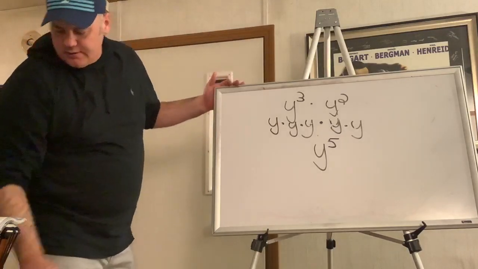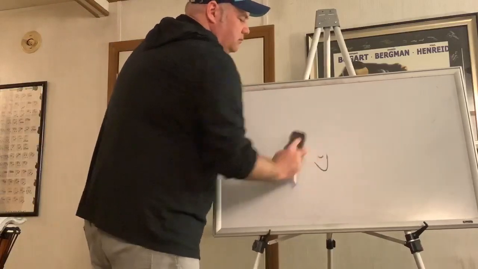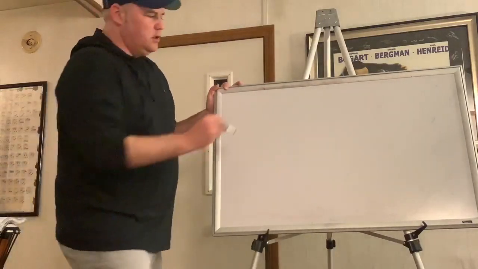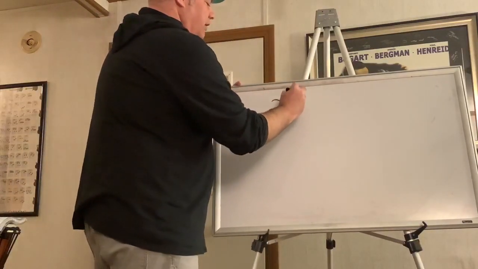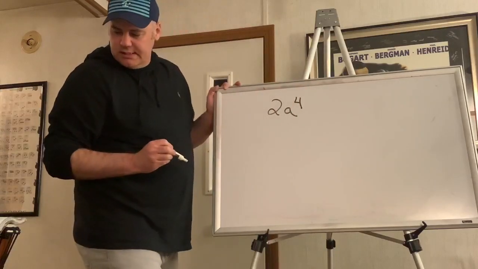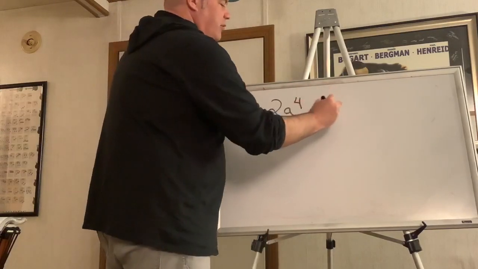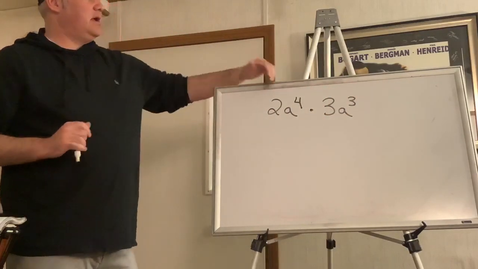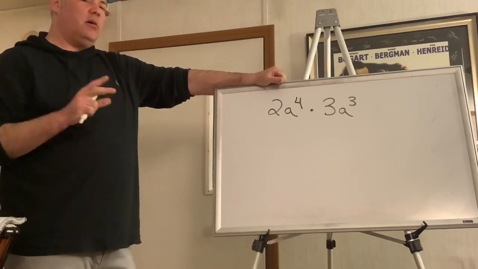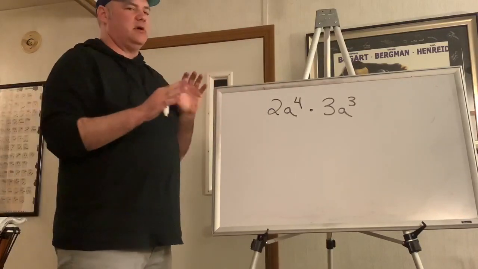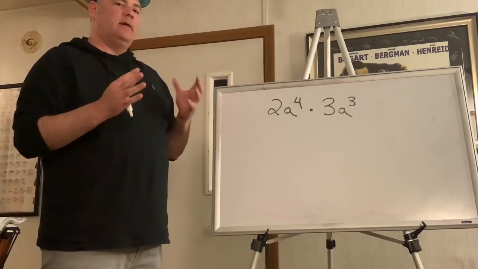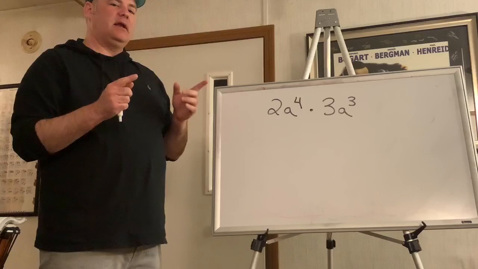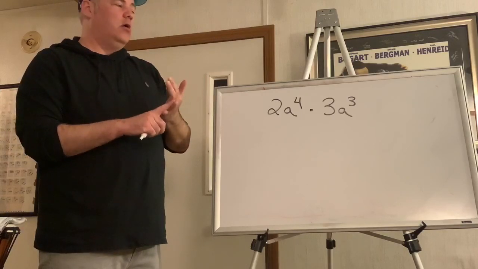Let's do another example of that. So 2a to the fourth times 3a cubed. Now I've put in numbers with my variables and my exponents, okay? But it's all multiplication, so no more are we confined to combining like terms, because combining like terms was only when you're adding or subtracting.